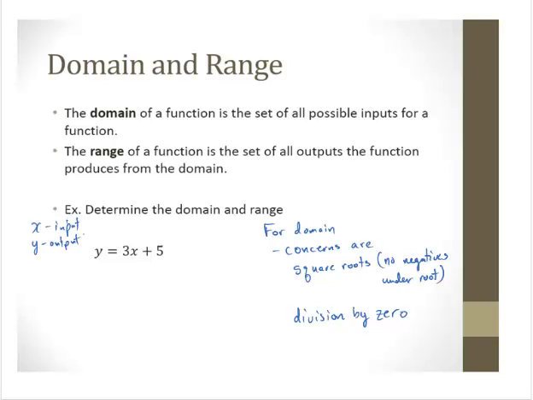So what can we put into this function? Is there any number we cannot substitute for x and then multiply by 3 and add 5? Well, we can do that with any number. So we would say that the domain is the set of all real numbers.